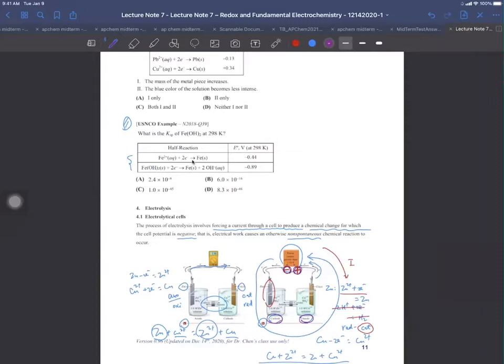But based on the definition in chemistry, the anode always has oxidation, which means you will lose electrons, and the cathode will gain electrons to have the reduction. So pay attention to the difference between the external positive and negative sides and the internal cathode and anode. One is defined by the electron movement. The other is defined by the redox reaction, reduction or oxidation.